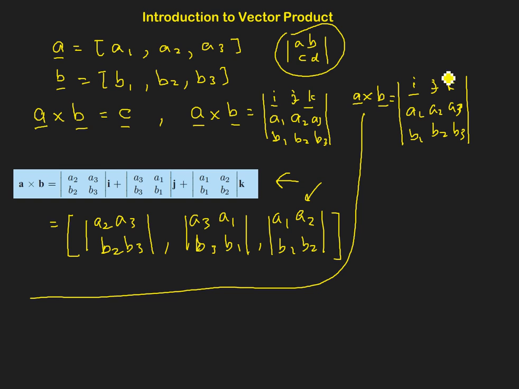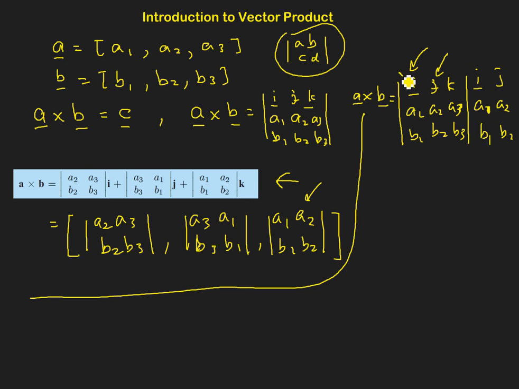And what you do now is copy the first column here, i, A1, B1, and then the second column, j, A2, B2, and we do something like this.